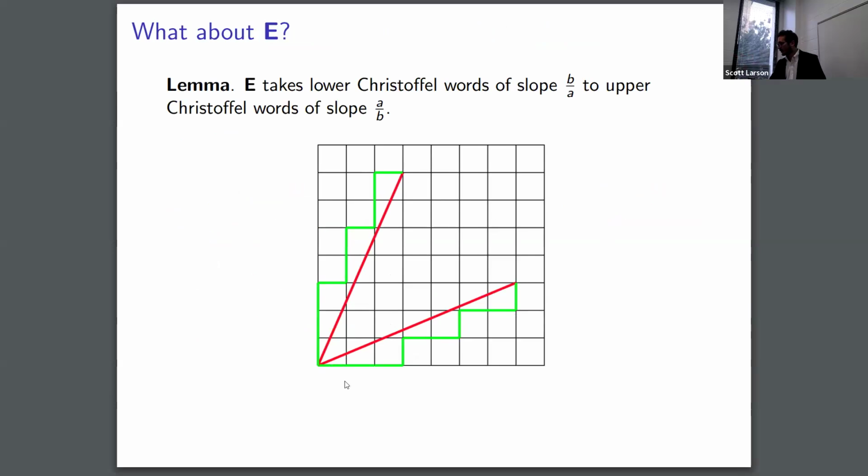So you just follow the path here and replace the X's and Y's. So X here means a Y here. If you follow that, you get the upper Christoffel word. You can also think about it as a reflection across the line Y equals X, in a similar way to how this was proven for G and D twiddle.